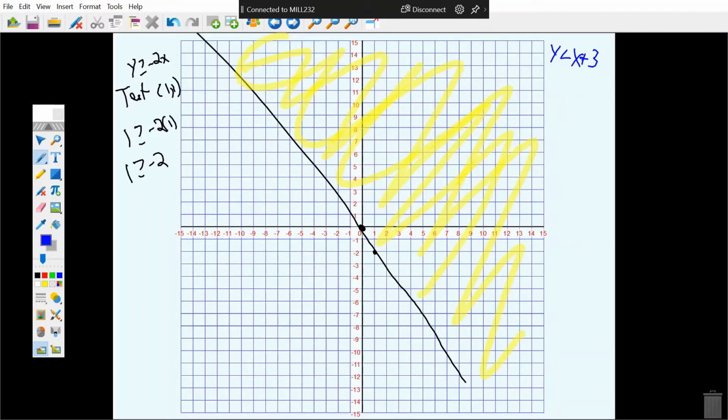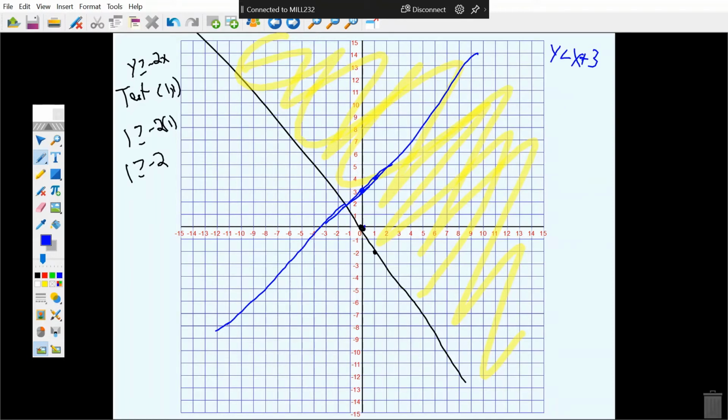My y-intercept is 3. My slope is 1. So a rise of 1 and a run of 1. And I connect my dots. Okay? Sorry, that line's not super straight, but you get the hang of it. Now we need to do our test for line number 2. So we have to pick a number that's not on this line, but somewhere below it or above it.